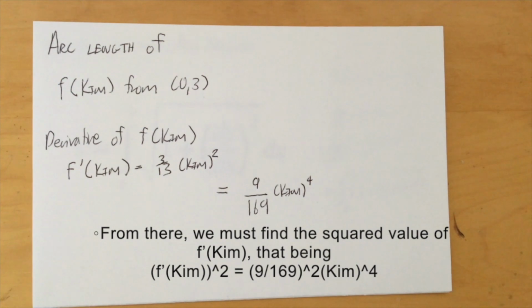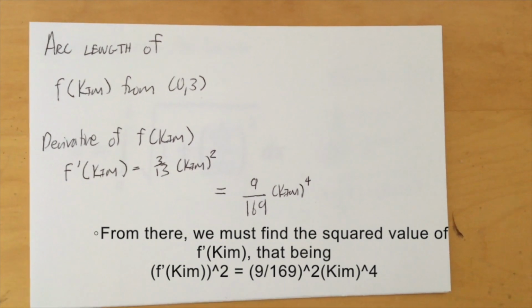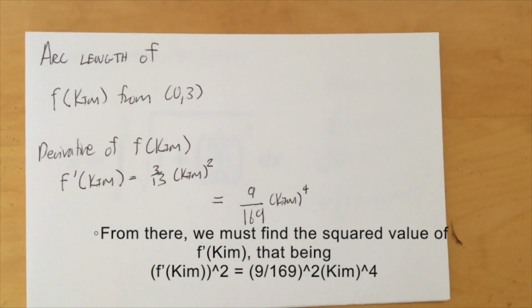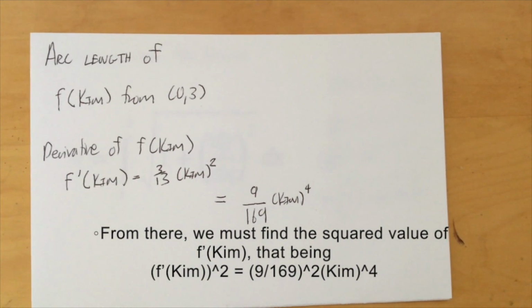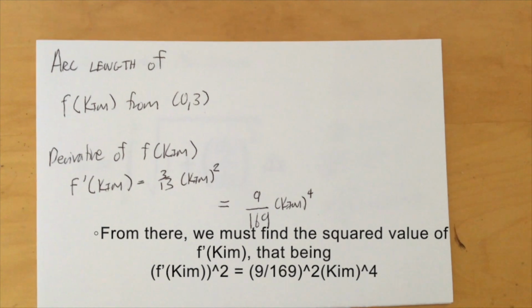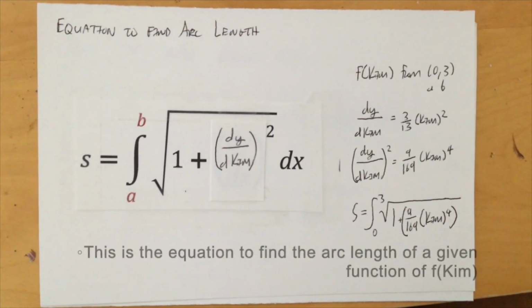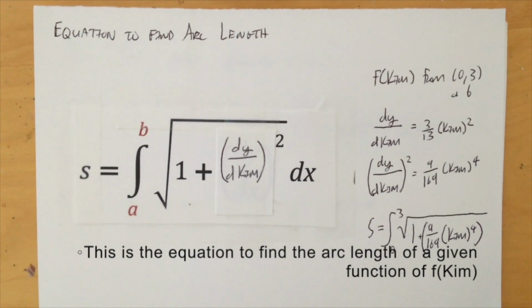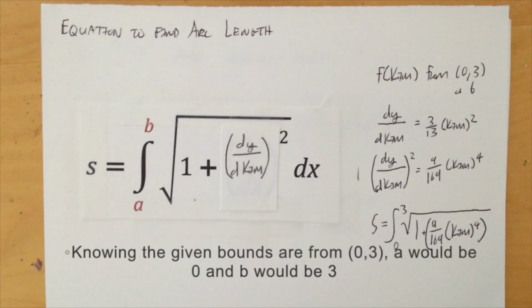From there, we must find the squared value of f prime of x, that being f prime of x squared is equal to 9 over 169 x to the fourth power. This is the equation to find the arc length of a given function between two bounds.